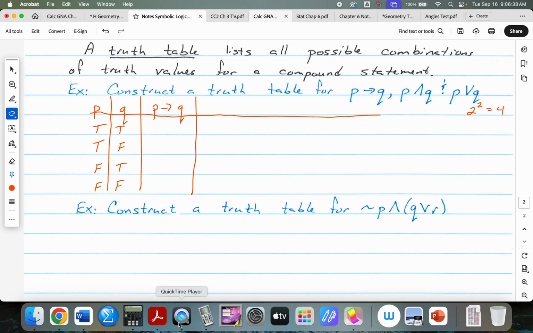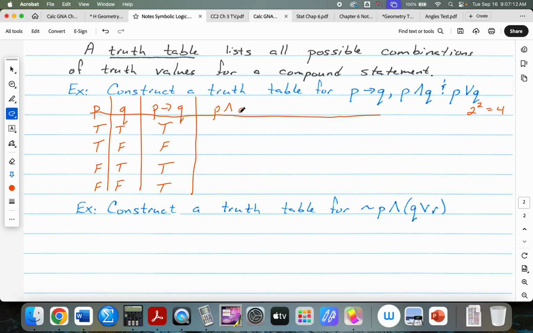If P is true and Q is true, this is true, or anytime that P is false. So this is going to be true, this is going to be true, this is going to be true. The only time that it's false is I won the lottery, but I didn't give you the money. So this is false.